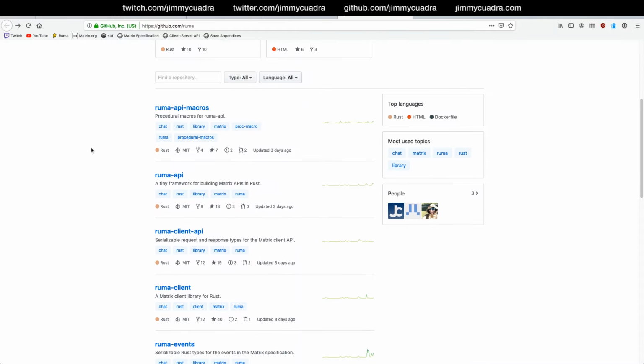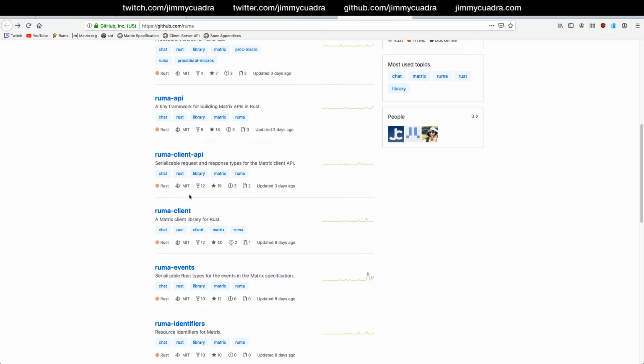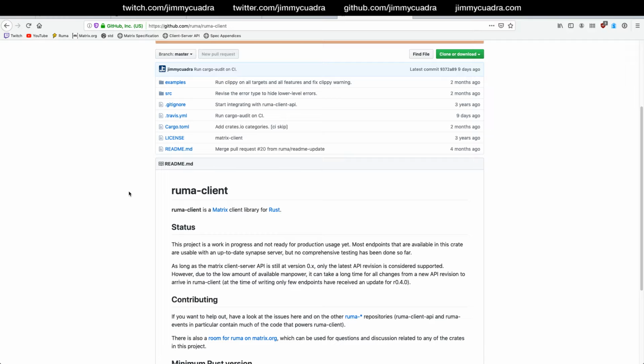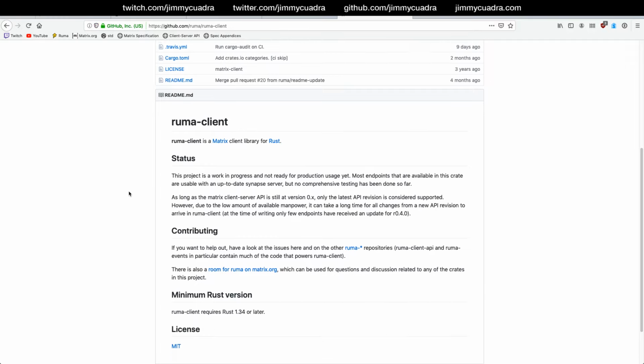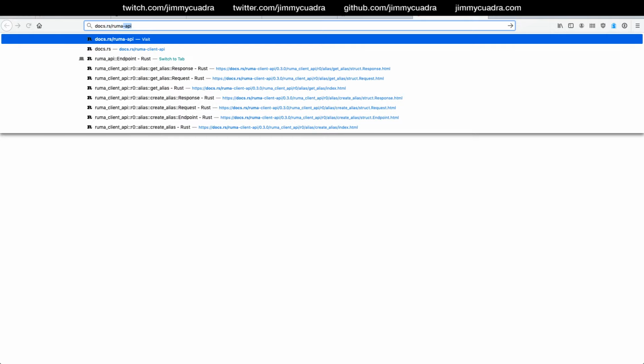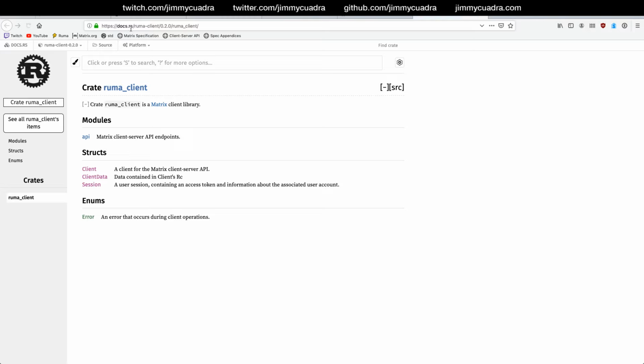So it's going to take a long time for us to really get it into a usable state. The other part of Ruma as a project is this library, Ruma Client. And this is just a general purpose client library for Ruma. So we've had one release, I think, so far, or maybe two. So if we go to Ruma Client, docs.rs is a website that hosts the documentation for all Rust crates. A crate is what a package is called in Rust.